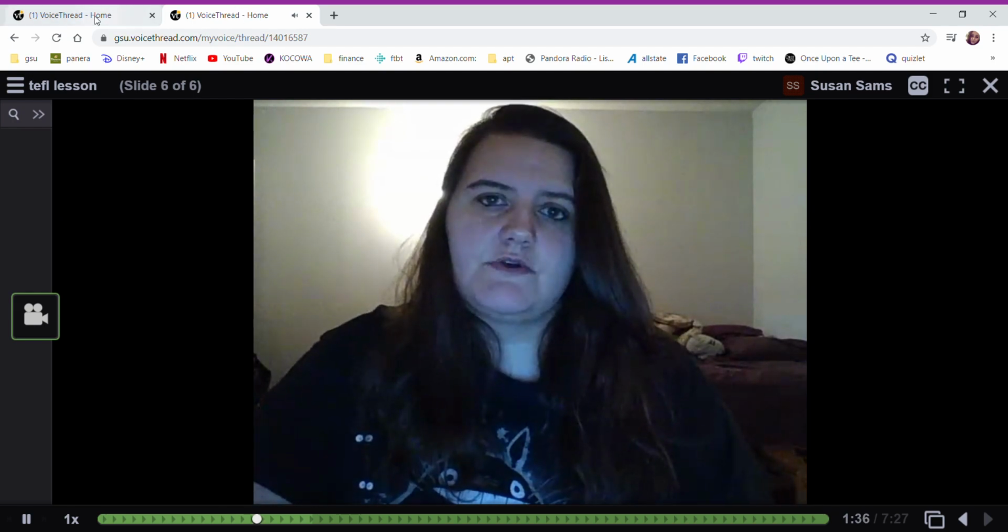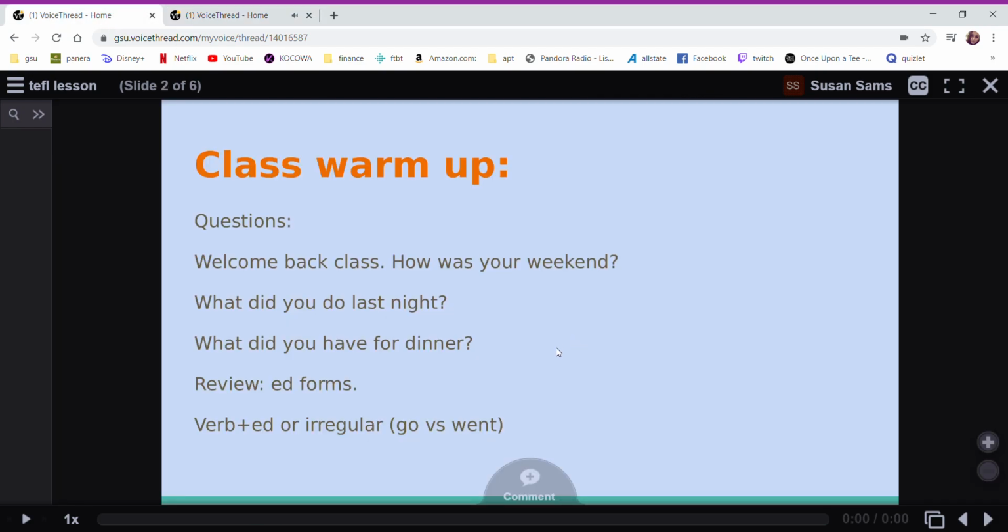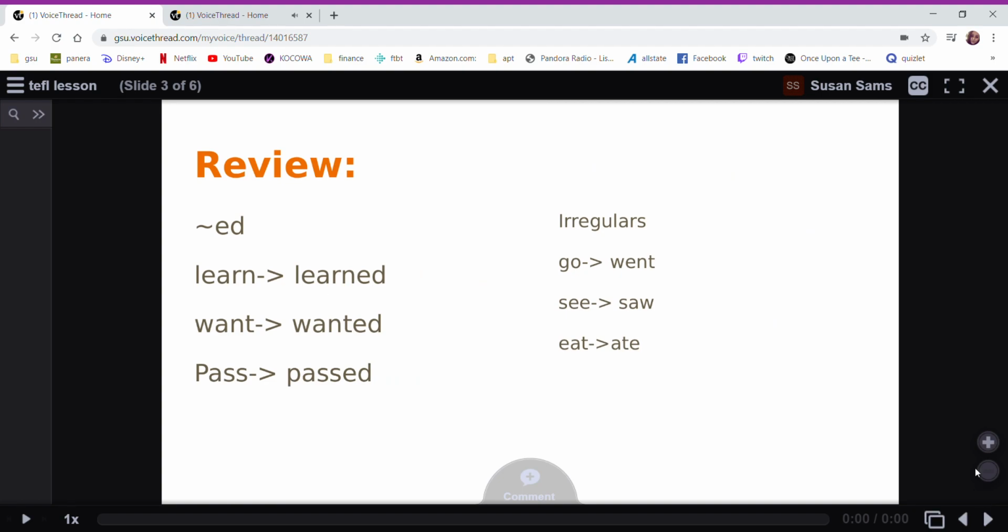I would like to go over past vocabulary forms that we just learned. So for example, simple ED: learn, learned; want, wanted. And then I would also talk about some of our irregulars, because it's very important to know go turns into went, or see turns into saw, and then eat into ate.